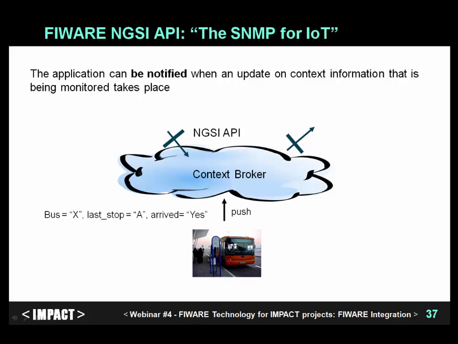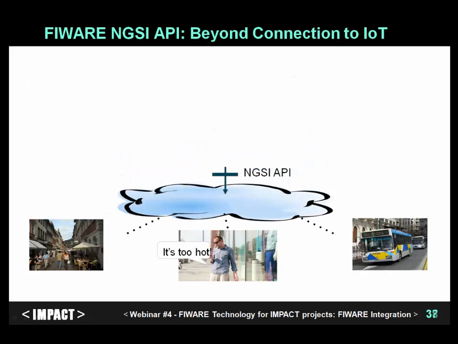For example, the IoT device connected to the bus would write to the context broker the fact that this bus has arrived at stop A. That would be written to the context broker, and from there, the context broker would notify a specific application that has subscribed to this specific alarm whenever it takes place.